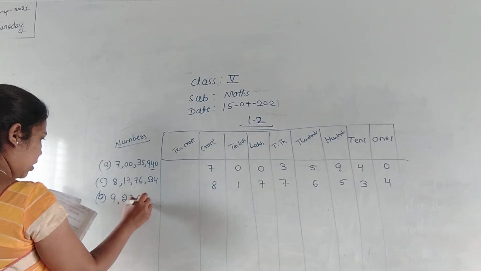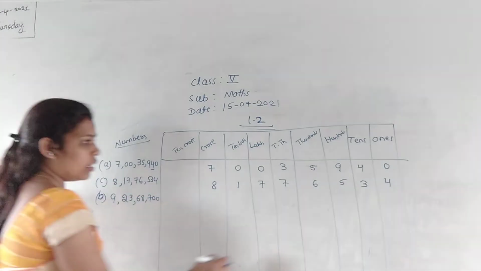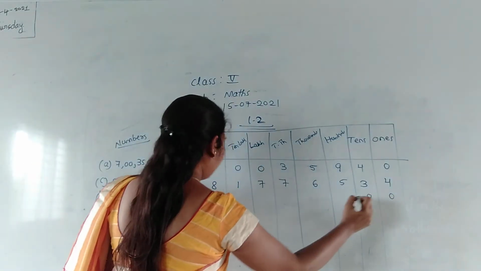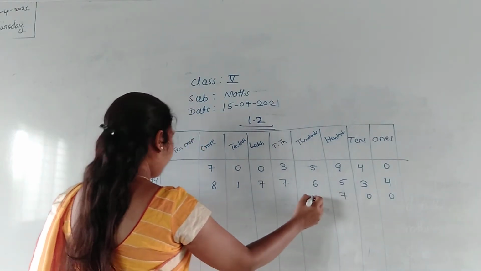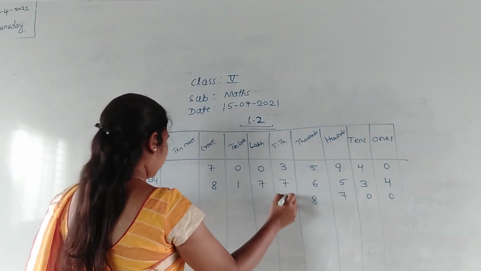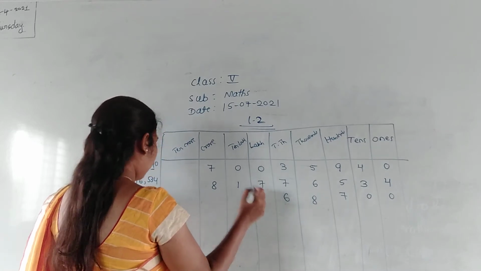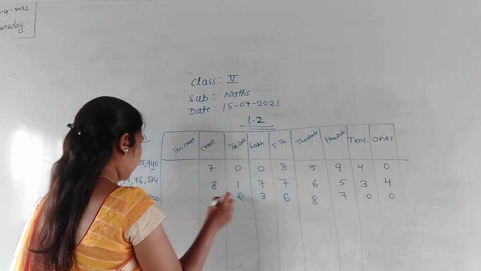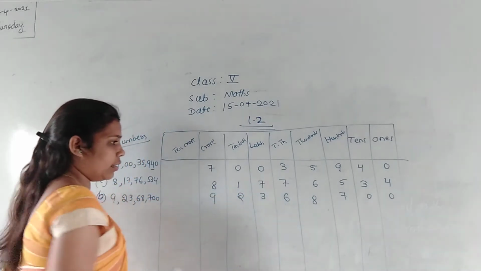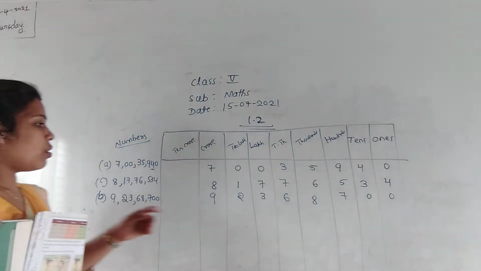20, 60, and 700. Now write the numbers. I hope everyone understood. So I will write directly now. Okay. You also write in your notebooks. Everyone write all this in the notebooks. Everyone write. Okay. Now only you have to write in the notebooks. Okay. So what is the value here?